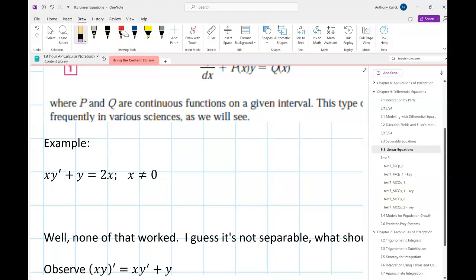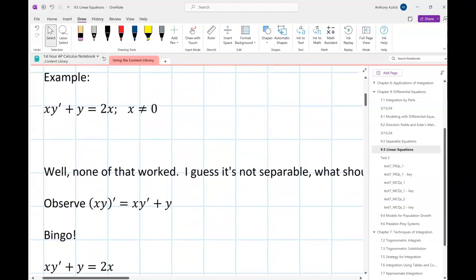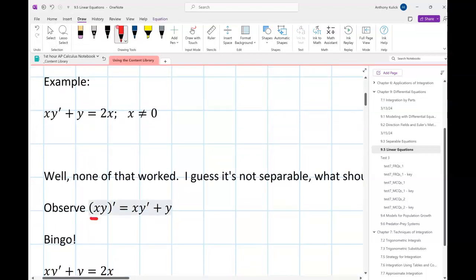So here's the takeaway. x times y, if I take the derivative of that, is x y prime plus y. Right? If I do the derivative of xy, I get xy prime plus y.